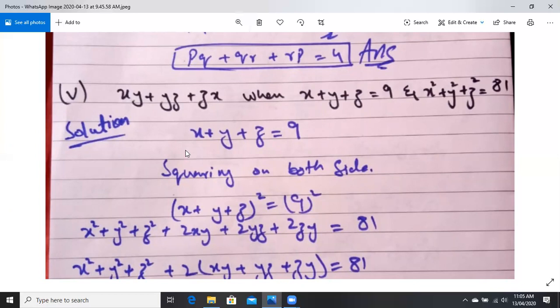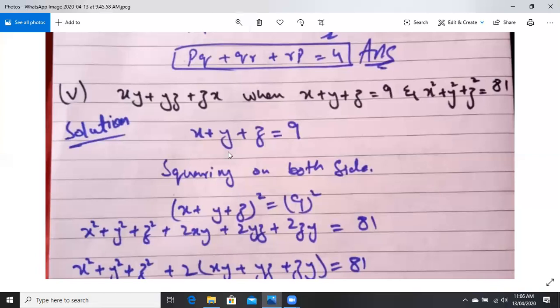So x plus y plus z whole square equal to 9 square. The square of 9 is 81, and x plus y plus z whole square is equal to x square plus y square plus z square plus 2xy plus 2yz plus 2zx. So now the square of 9 is 81, and we also know that x square plus y square plus z square is 81 as given in the question.